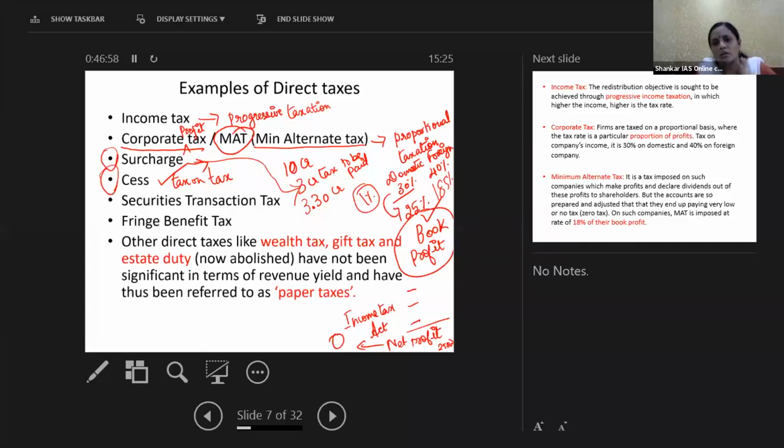Base and the threshold are the same? Almost, but we can't say that. Threshold means, assume that in this classroom there are 100 people, okay? If you talk about the income tax base, let me identify 50 people who are earning more than 2.5 lakhs. So this 2.5 lakh rupees is a threshold, and these 50 people, all of them will form the base, okay?